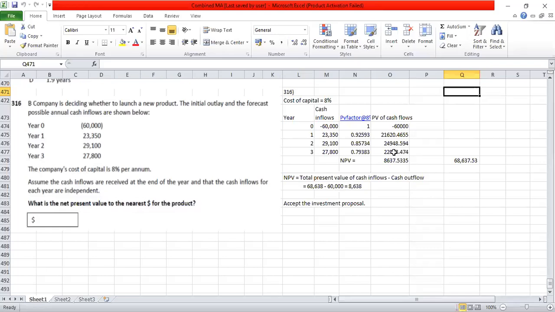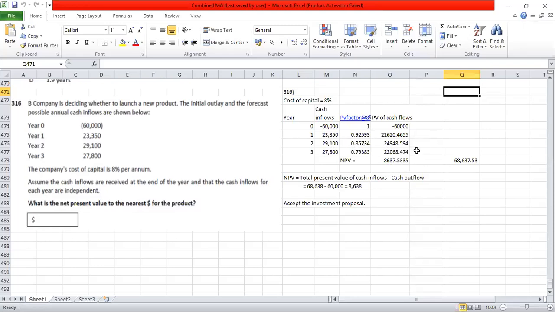See, like 23,350 as on today, if it is compared, it is worth only 21,620. 29,100, 2 years later, as on today, it is worth only 24,948. 27,800 is worth only 22,000 as on today.